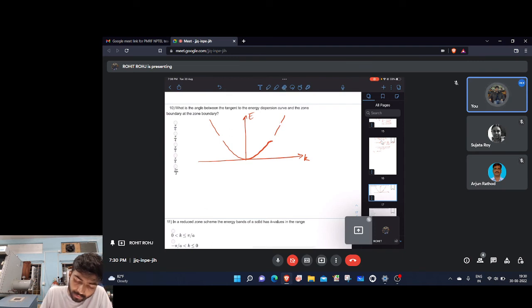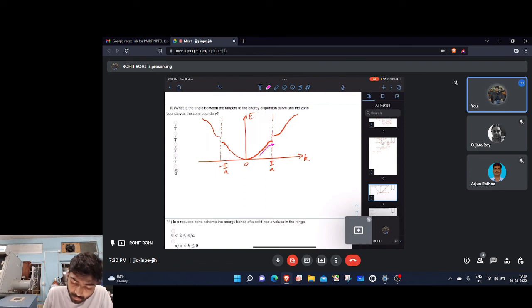So I can draw this curve a bit better, and this is the zone boundary we have. The energy dispersion curve approaches the zone boundary parabolically.